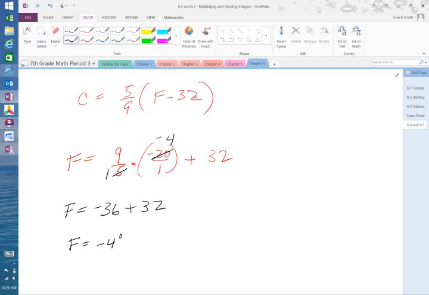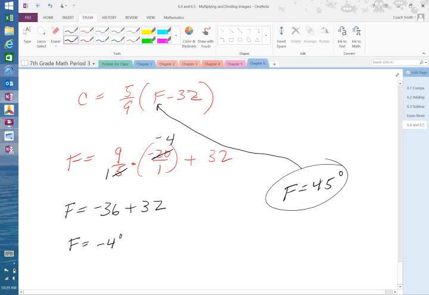Okay? Now, if they give you the Fahrenheit temperature, let's say we say it's 42 degrees. Let's do this. Let's go 45 degrees. Let's say that Fahrenheit is equal to 45 degrees. Well, I take this and plug it in right there. And then simplify it from there. So you take 45 minus 32, and then you multiply it by 5/9. Now, the ones they're going to give you in the book are going to come out to be whole numbers.